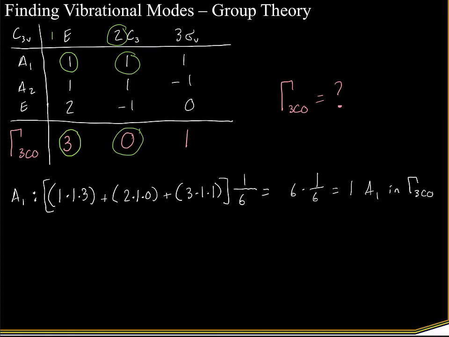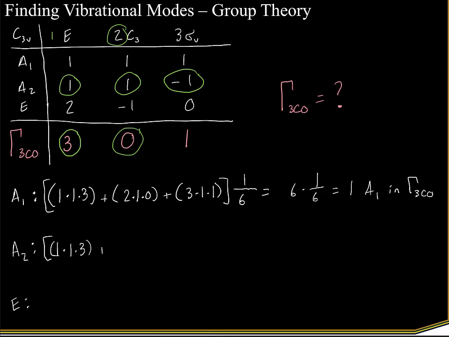So we're going to continue this process for A2 and E. For A2, we're essentially going to be looking at just a different set of characters on our character table as we evaluate our irreducible representations. So we can see here that we have 1 times 3 again.